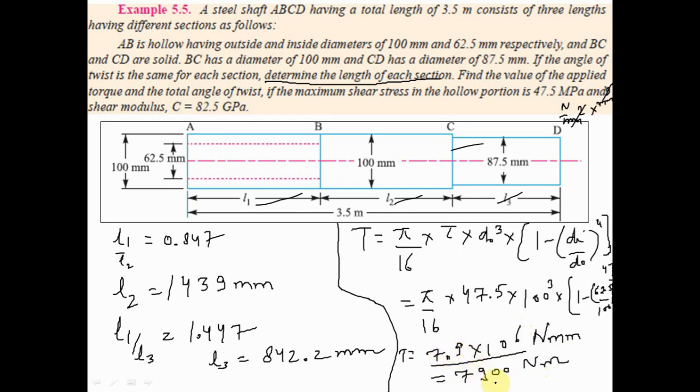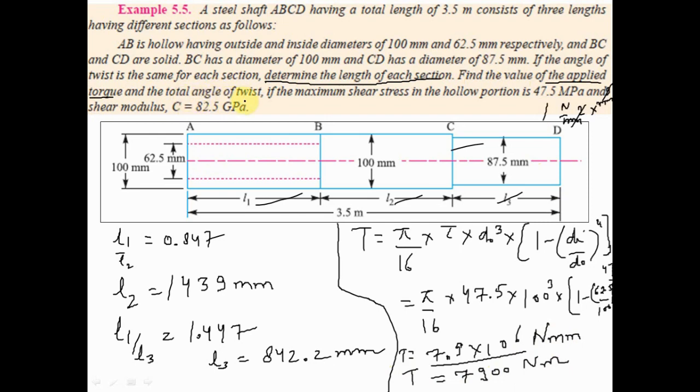The second 10 to the power 3 gets absorbed with millimeters, it became meters. So finally torque is equal to 7900 Newton meters. This is the answer for the second part, find the value of the applied torque. So applied torque is 7900 Newton meters. Then we have to finally find the total angle of twist.